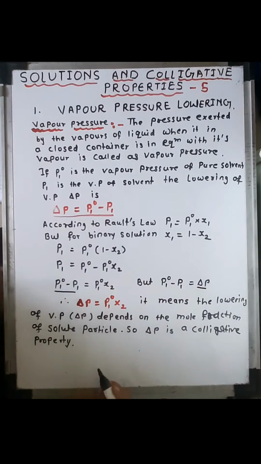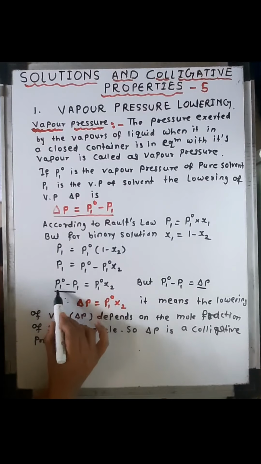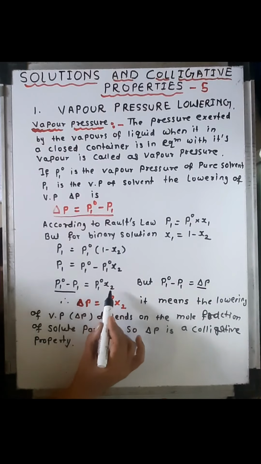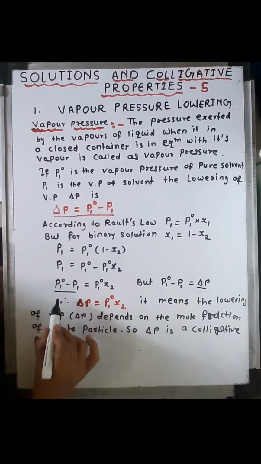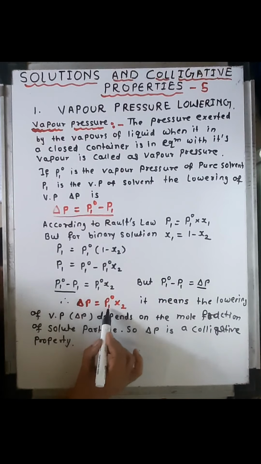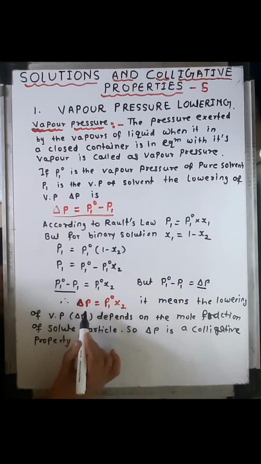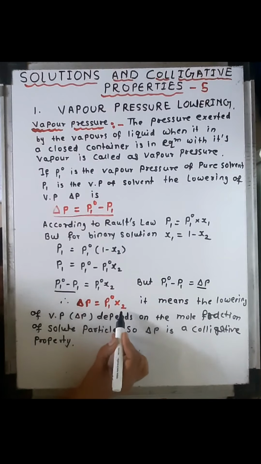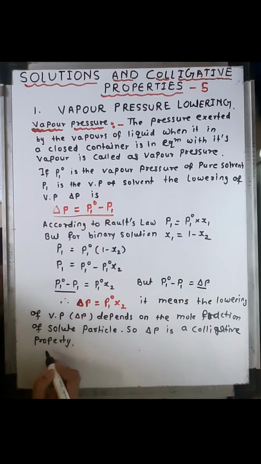So delta P, P1^0 minus P1, equals P1^0 into X2. X2 is the mole fraction of solute, and we can prove that this lowering of vapor pressure depends on the number of solute particles, and so it is a colligative property.